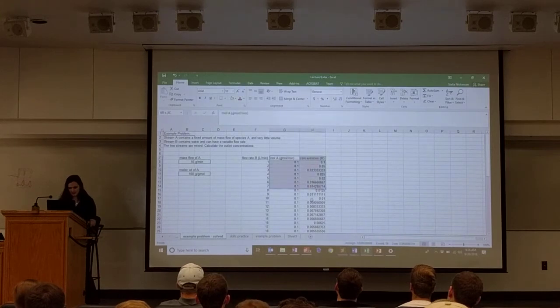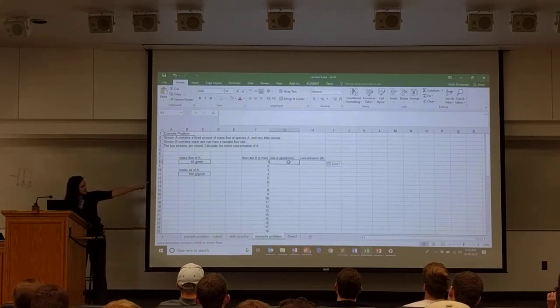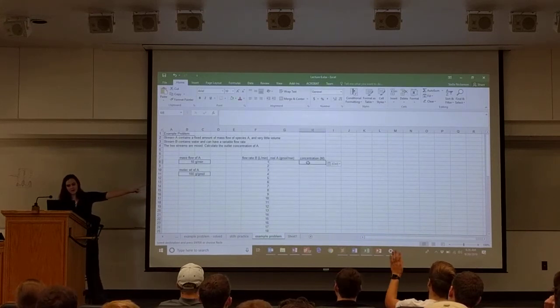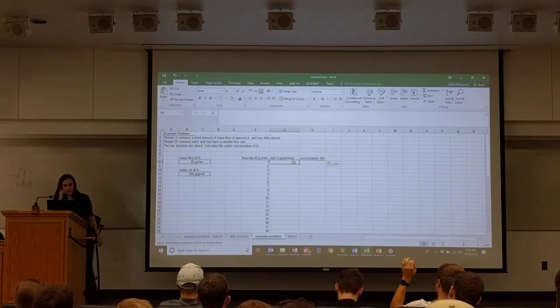Actually, I should do 2 columns. I'm going to do 2 columns. Okay? So this is the molar rate of A in gram moles per minute in this column, and then this column is the concentration of A, so the molarity of A. So what formula will give me the molar rate of A?